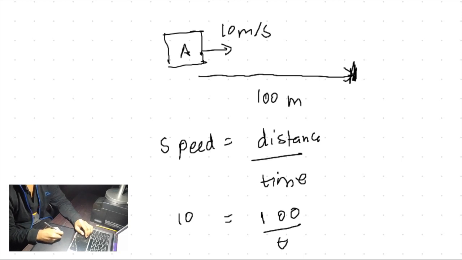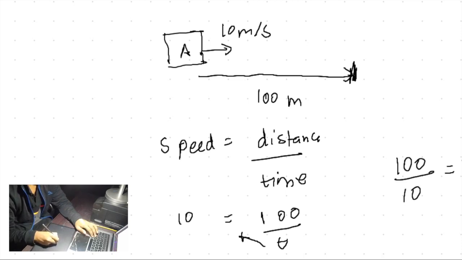So time goes there, 10 comes here, so that would be 100 by 10, which is the time taken, so that would be 10 seconds. So time would be 10. So it's quite easy here. So let's get deeper into it.